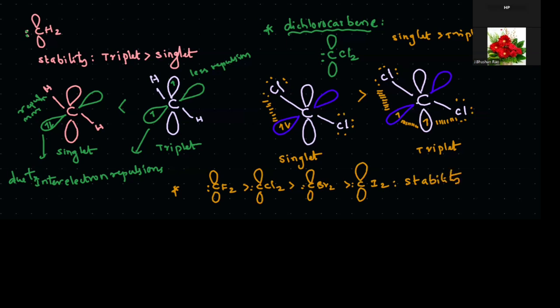The lone pair of electrons on fluorine is donated to the empty orbital on the carbon. This kind of representation is called back bonding. Due to the back bonding, CF2, difluorocarbene, is more stable than the other dihalocarbenes.